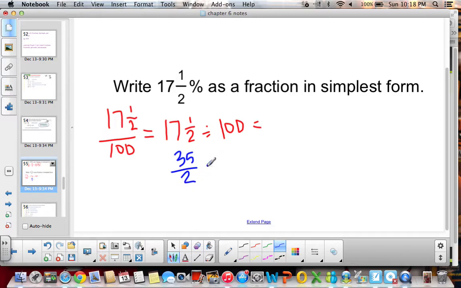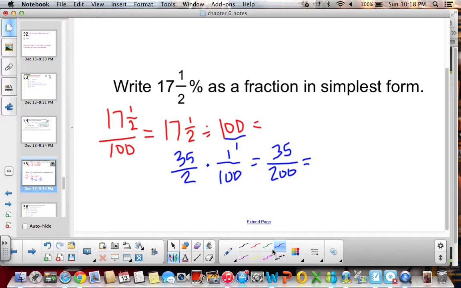And then I'm actually going to change it to multiplication right now. So I'm going to flip it, change it, and then flip 100, because remember 100 is the same as 100 over 1. So the reciprocal then would be 1 over 100. And then we can multiply that out. 35 times 1 is 35. 2 times 100 is 200.